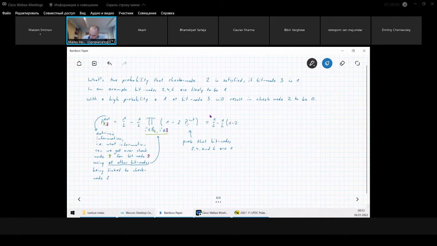We have 0.9 times 1 minus 2 times 0.8 times 1 minus 2 times, and again 0.9. In this example with our values, this turns out to be 0.884.